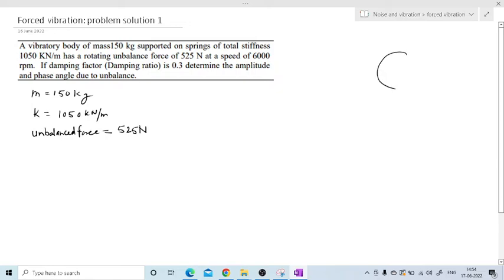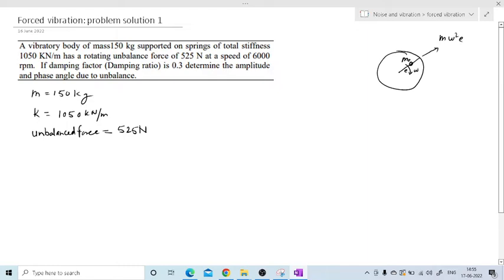So consider one rotating mass. Suppose this mass m0 is rotating. Its radius from this point is, suppose, e, and it is rotating at speed omega. Then the centrifugal force acting on this mass will be m omega square r.